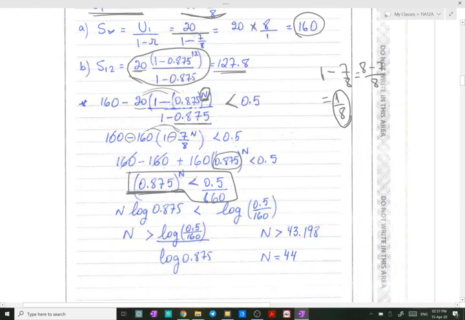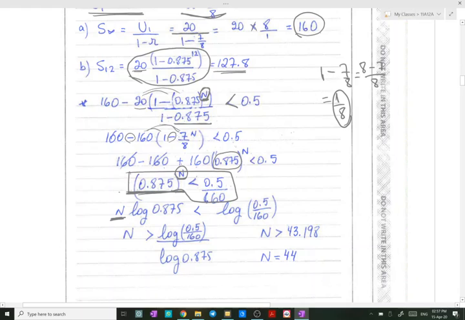Now, in order to solve this inequality, we need log, because in order to find the value of n where n is an exponent, you need to have n as a number or a coefficient. So you log both sides, and then you are going to use the exponent law in logs.